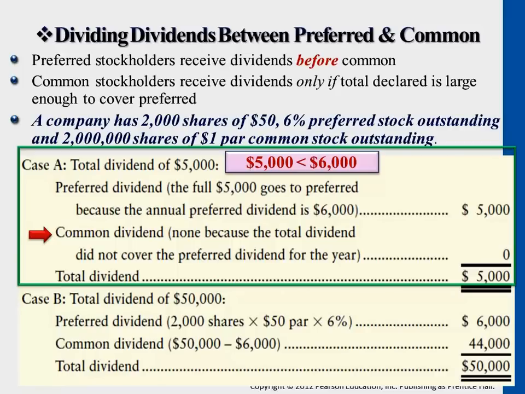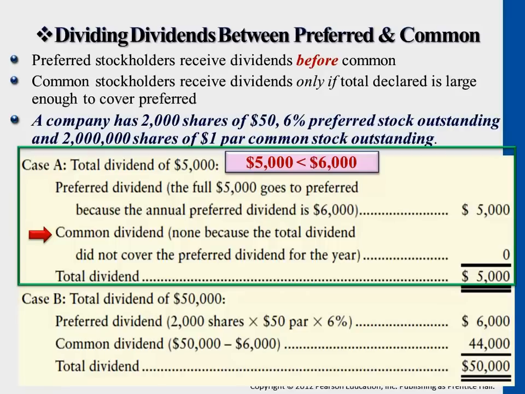So to calculate the total amount of dividends that preferred shareholders are entitled to get, that will be 2,000 shares times the face value of each share times the rate of dividends. So altogether, this will give you the dollar amount, $6,000. This is the part that preferred shareholders are supposed to get every year as long as the company declares dividends.